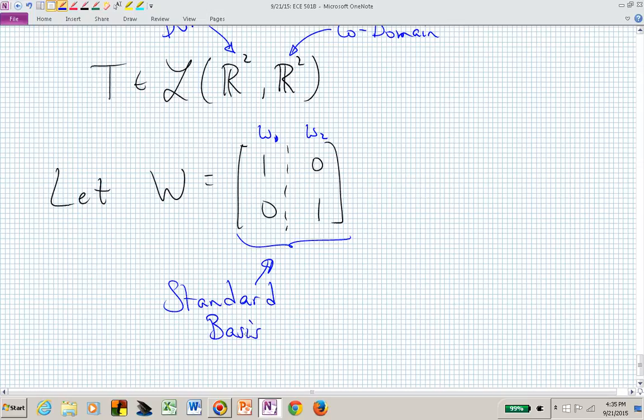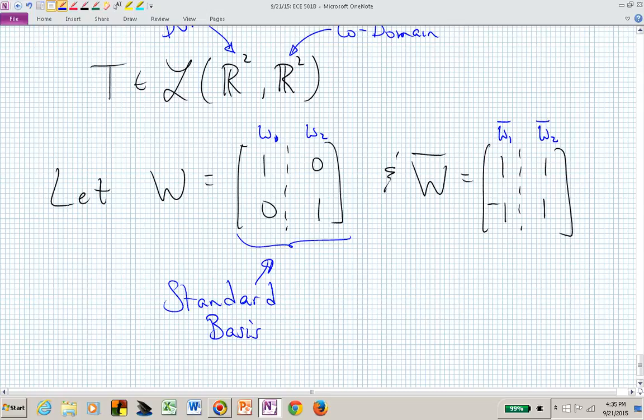And so we're going to map from V to W, and then we're going to map from V bar to a W bar, where now let's pick some basis vectors for W bar. So let's say it's 1, minus 1 and 1, 1, where this is now W1 bar and W2 bar.